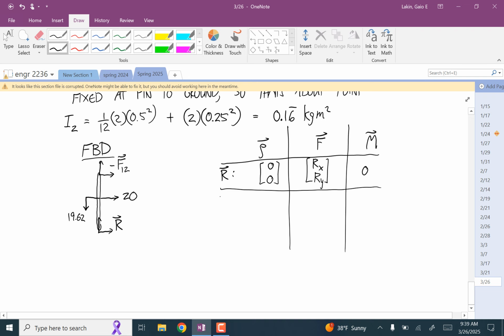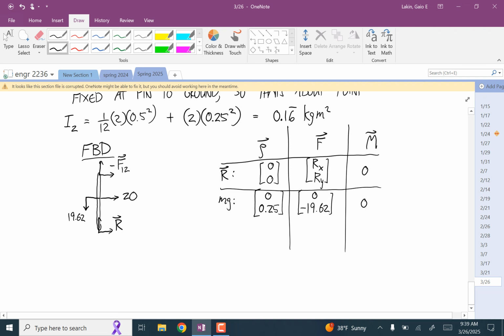Now I'll go up to the weight. What's the row vector that goes from where R is applied to the center of mass? Yep, 0, positive 0.25. And the force vector is 0, negative 19.62.